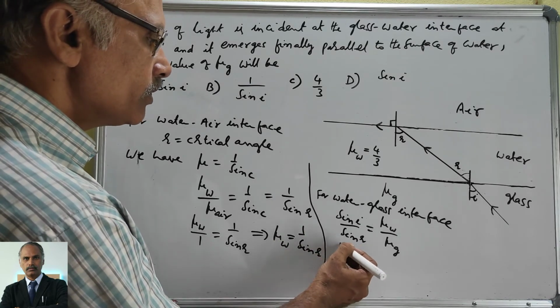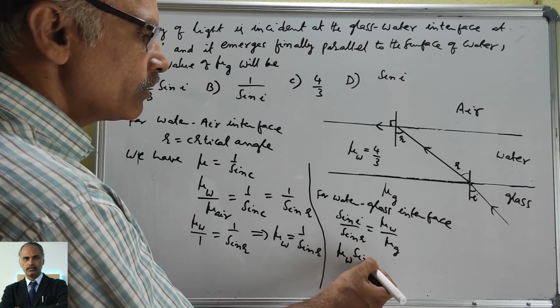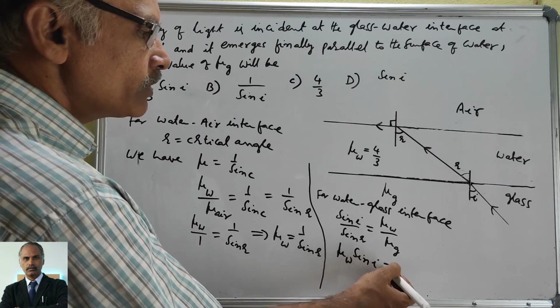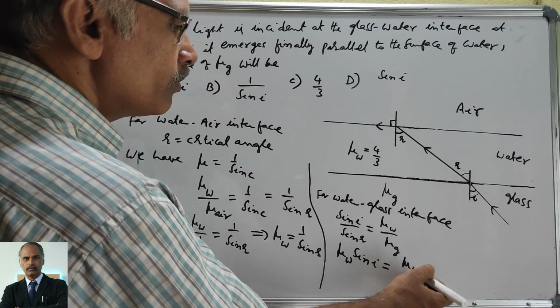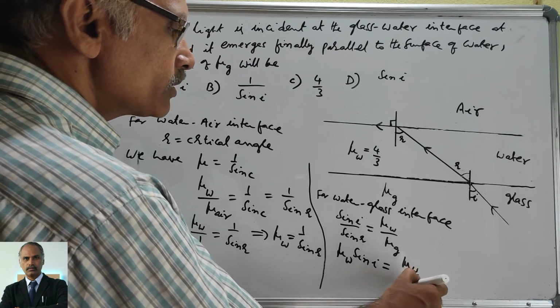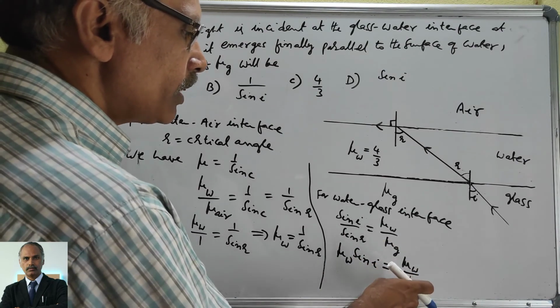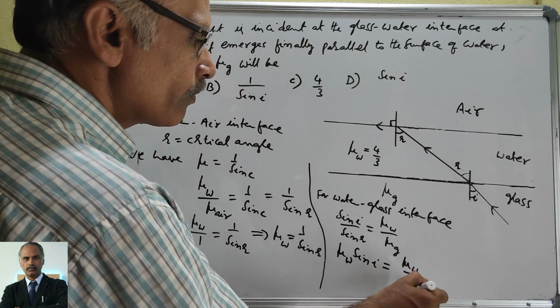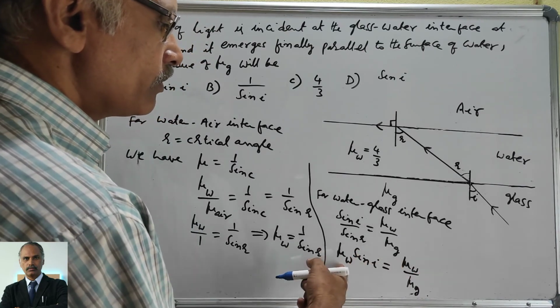So this is mu W into sin I equal to mu W by mu glass. Here mu W gets cancelled.